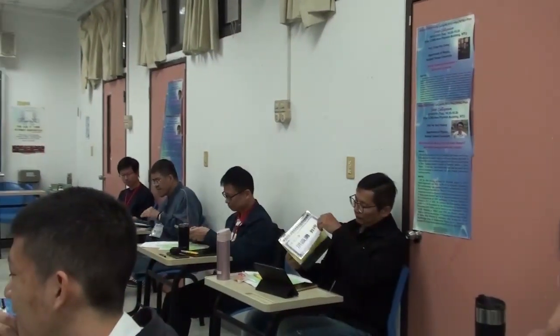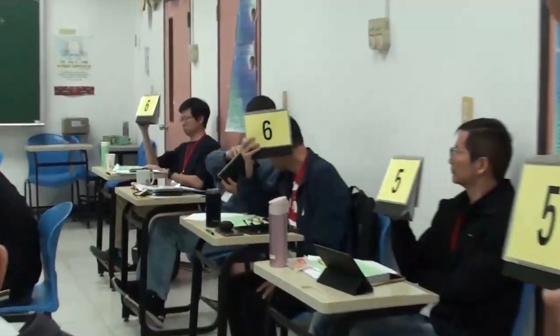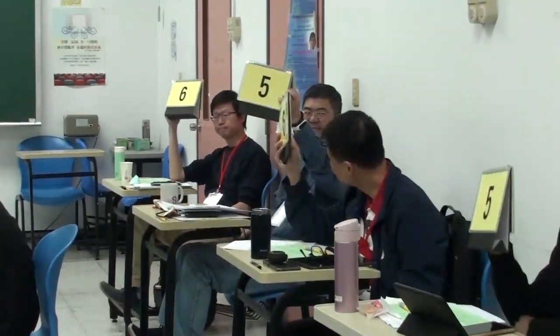So it's time for the jury to give scores. Jury is ready. Scores for the reporter: 5, 5, 6, 5, 6.